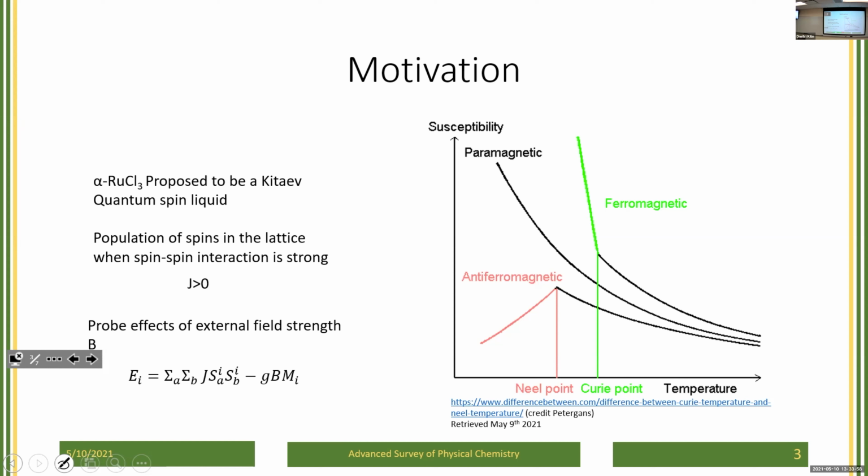I believe either something is going to have a Néel point or a Curie point. I'm not certain what determines that. Gun to my head, I would imagine that something that interacts very strongly with itself, where the J is very strong, would exhibit a Néel point, and things that don't interact very strongly would exhibit a Curie point.